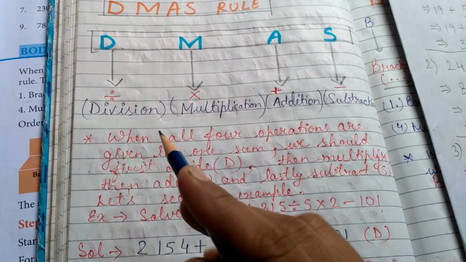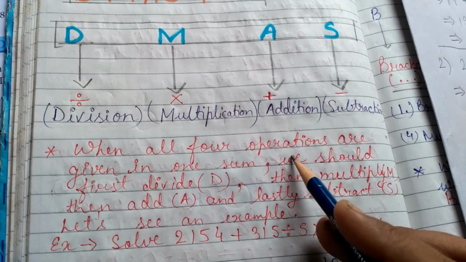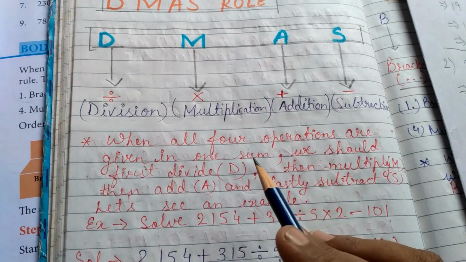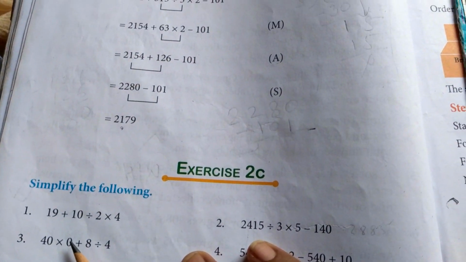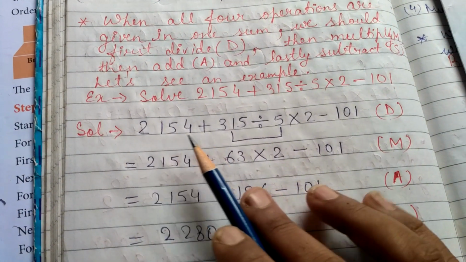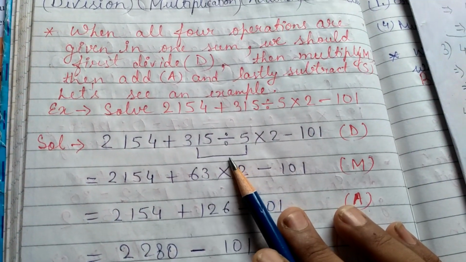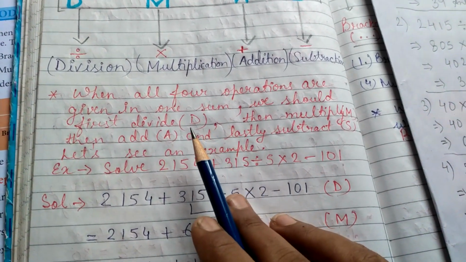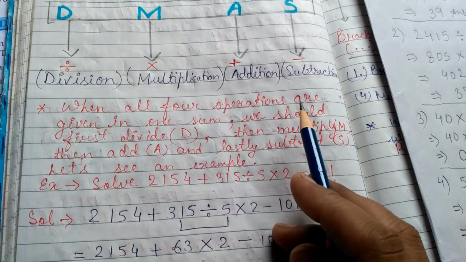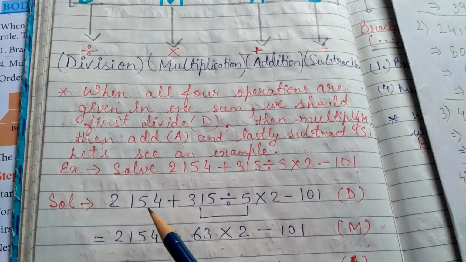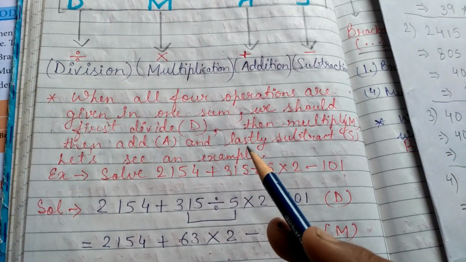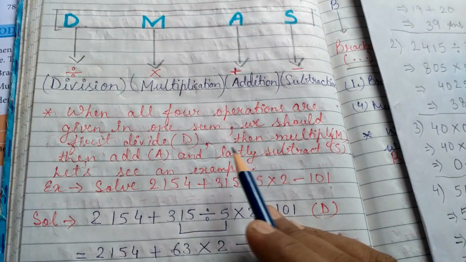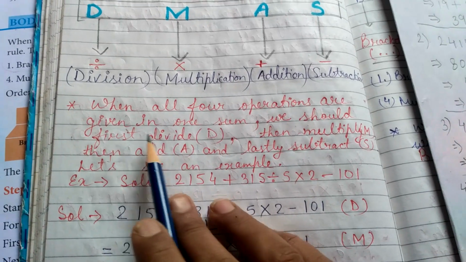Now, as per the DMAS rule, when all four operations, division, multiplication, addition and subtraction, are given together in one single question, then we should first divide.